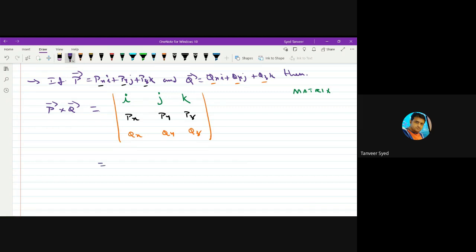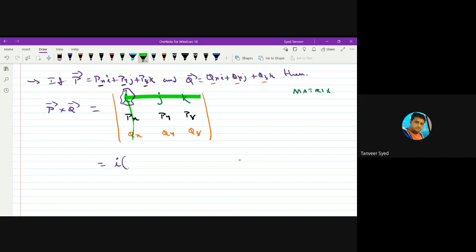So now, listen carefully. You take the first element of the first row, which is i, put it here, into, now you close the first row and first column. You don't see the first row and first column.